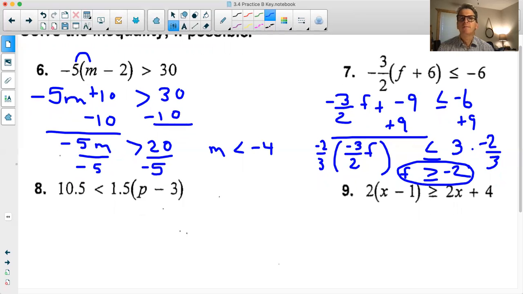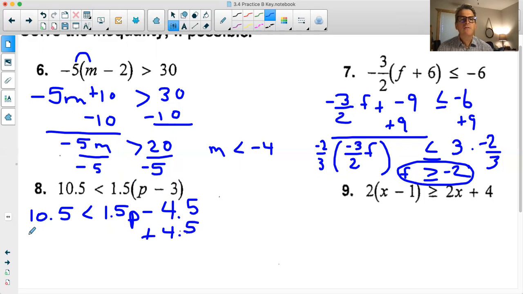Number 8. 10.5 less than 1.5 times P minus 1.5 times 3, which is going to be 4.5. Add 4.5 to both sides.